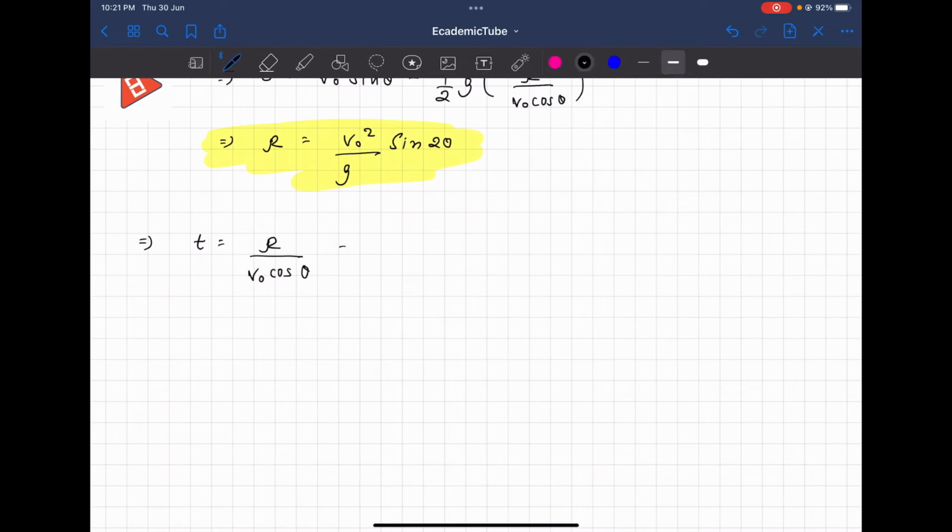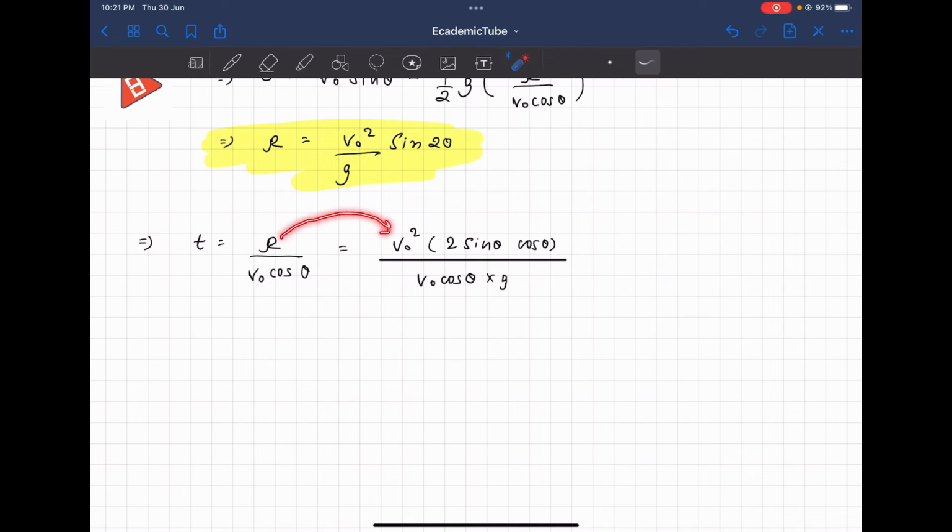Now we replace the values: v naught square 2 sin theta cos theta divided by v naught cos theta into g. We did nothing, just put the value of r here. So we will get 2 v naught sin theta divided by g. So we got the flight time.